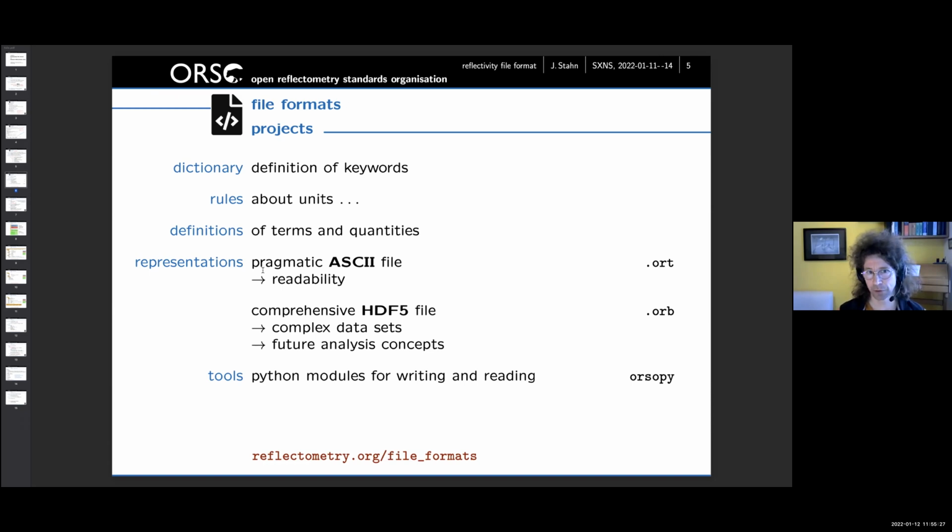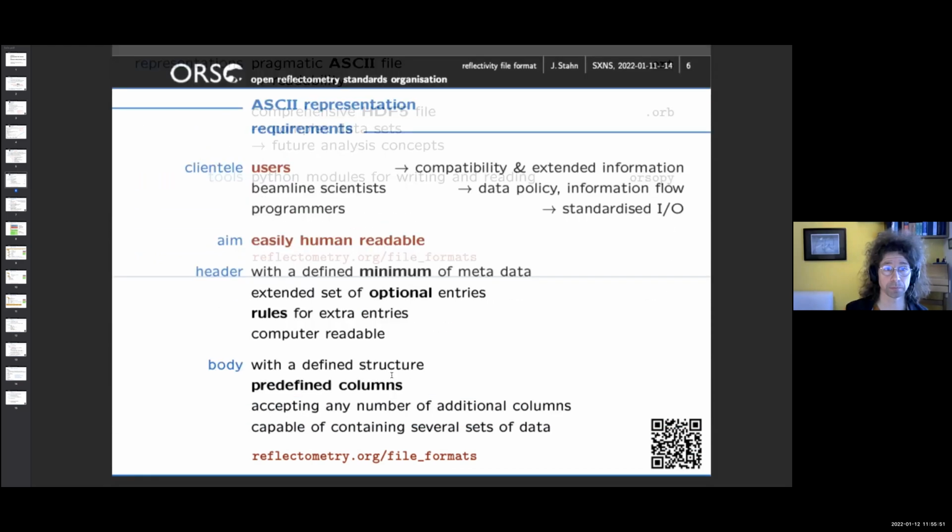We develop two representations of the file format. The ASCII file format is quite mature; I'm going to show you in a moment. And for the future, a more comprehensive binary file format for complex data sets and future analysis concepts. And we program tools for reading and writing these files.